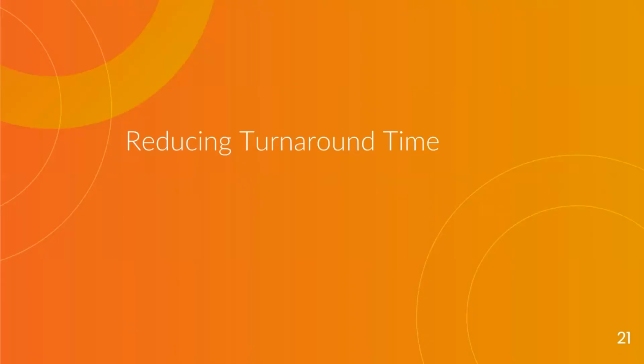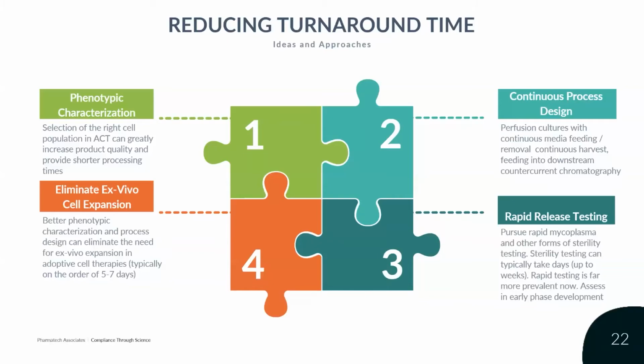So next, we'll be getting into the reducing turnaround time section of the talk. And here, I wanted to give some other ideas and approaches. The four that I came up with are the phenotypic characterization that I've been harping on, so we'll get into a little bit of that. And then ultimately, maybe continuous process design is actually the way to reduce turnaround time.